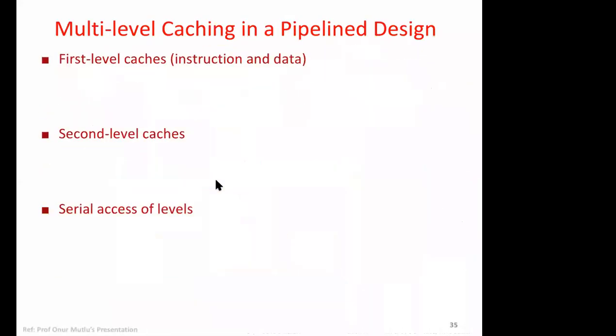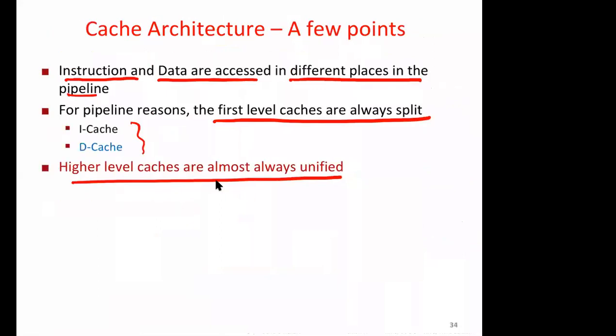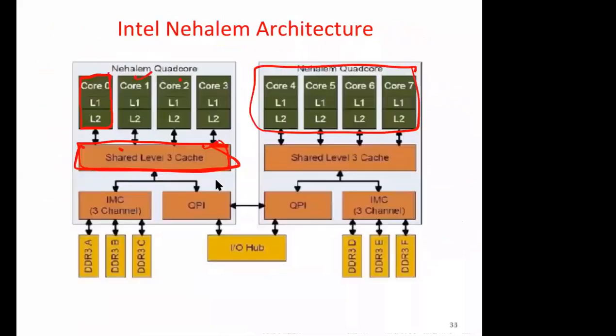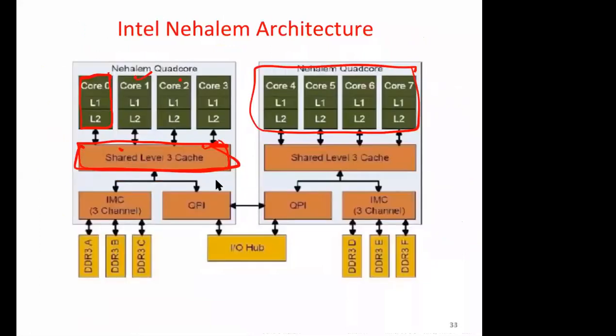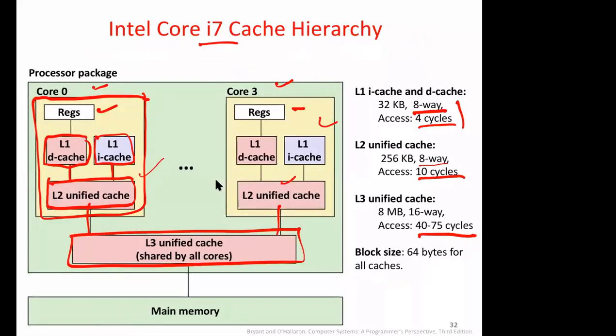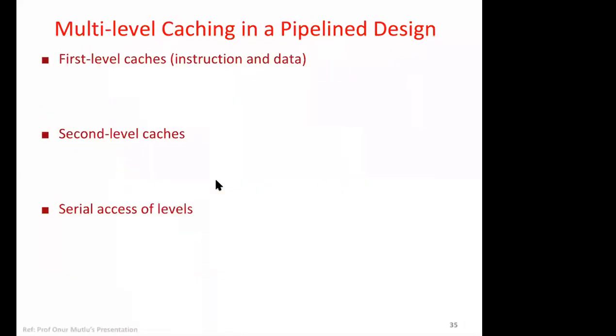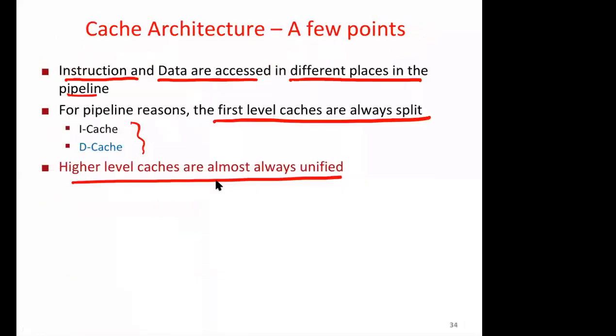There are multiple ways of designing this, but note that the first level cache generally has an instruction cache and a data cache for each processor or core. L2 is also generally corresponding to a core, but L2 can also be shared between multiple cores. In the case of Intel, L2 is there for each core.